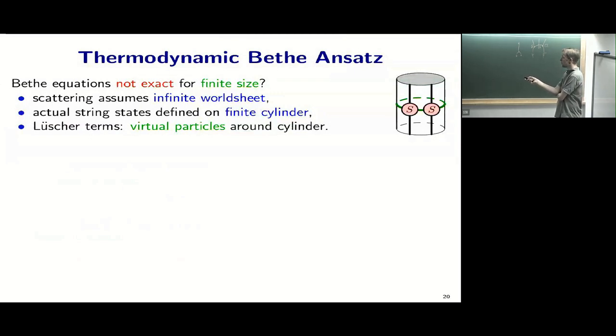In the picture that I told you, you have excitations which run along this cylinder, but you could also have things that run around the circle. It's like a thermal circle where you can have excitations. Or you could also say, since this S matrix has a certain finite extent, if you put it on a finite circle, then the S matrix can start to interact with itself, and that's maybe another way of seeing it.